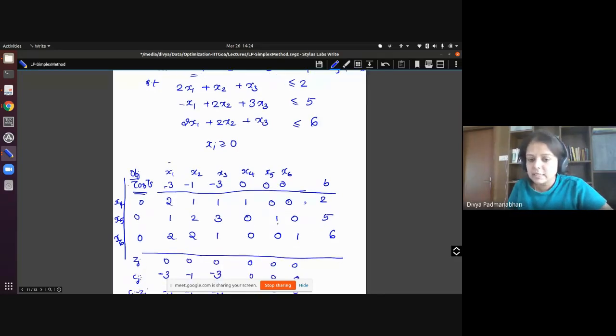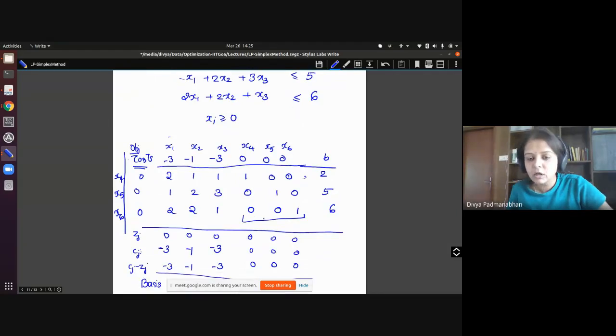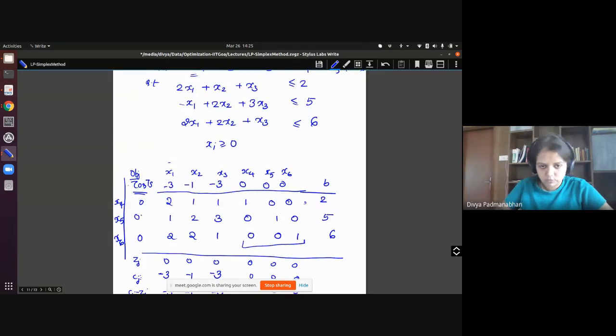Now, as per this, I'm fixing this as my basis. This is the identity, and I'm taking x4, x5, x6 as my basis. So each of these rows corresponds to x4, x5, x6, and they have a cost of 0. This cost I've written here in this column corresponds to the cost of the basic variable.